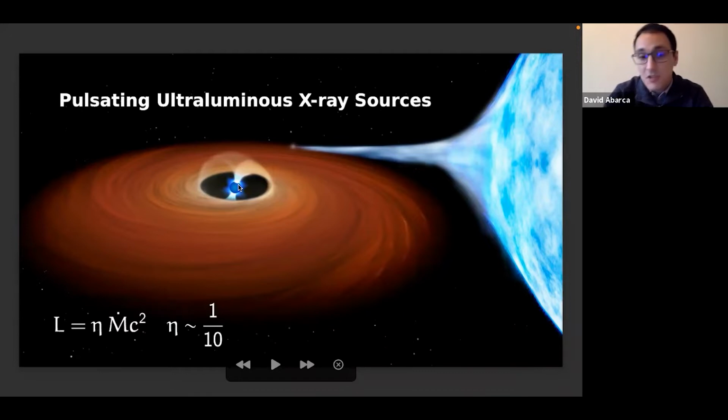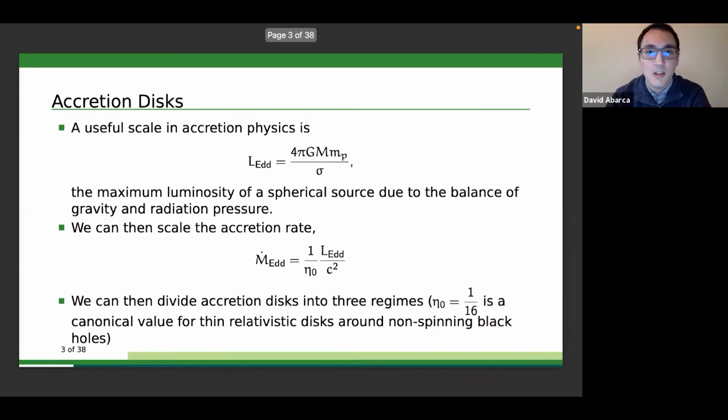Now, accretion disks can be very bright, and the rate at which they convert the inflow of matter to energy is known as the efficiency. Accretion disks can have incredibly high efficiencies, around 1/10. So they're basically the most efficient energy extraction process we have in the universe, besides matter and antimatter annihilations.